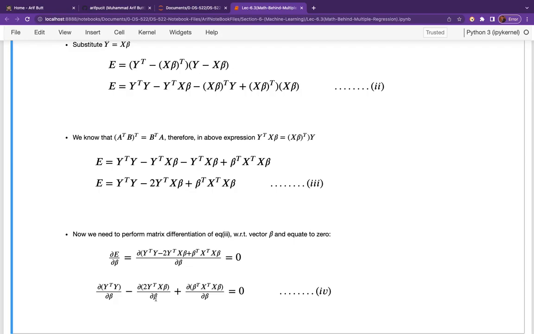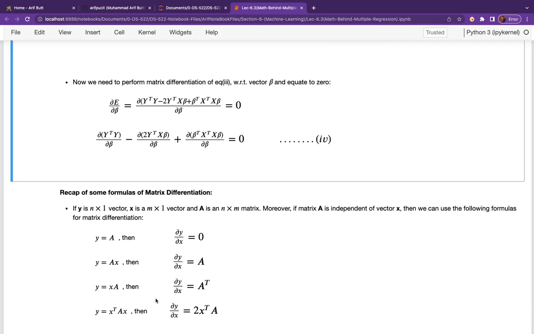then to keep things simple, these are the four formulas that we can use to differentiate this equation number 4. Let me describe these. Suppose that y is an n by 1 vector, x is an m by 1 vector, and A is an n by m matrix.